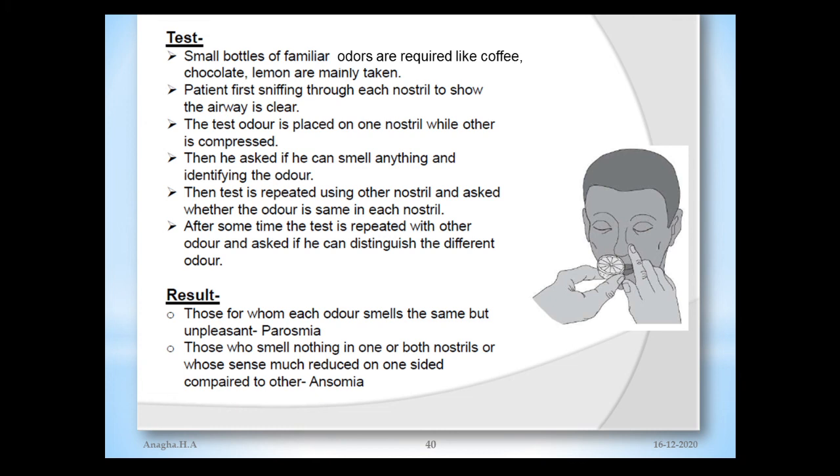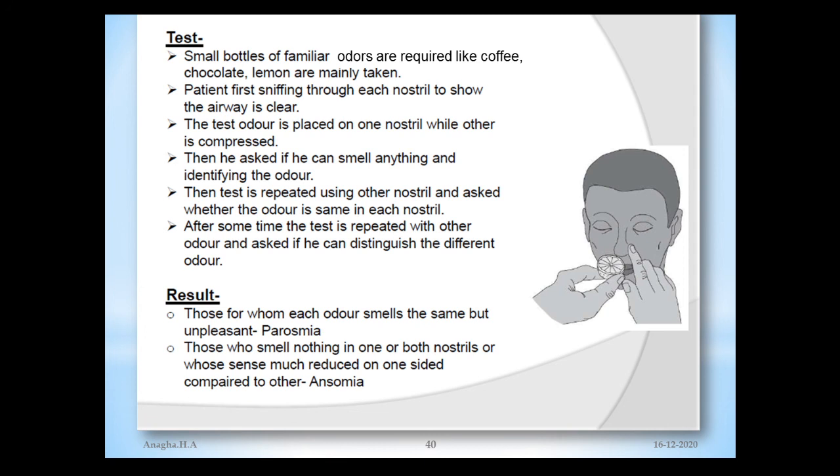So how are we testing this? First thing we need to do is ask the patient to close his or her eyes, because we cannot perform the test when the patient keeps the eyes open. Small bottles of familiar odors are required. For example, here they have taken lemon.